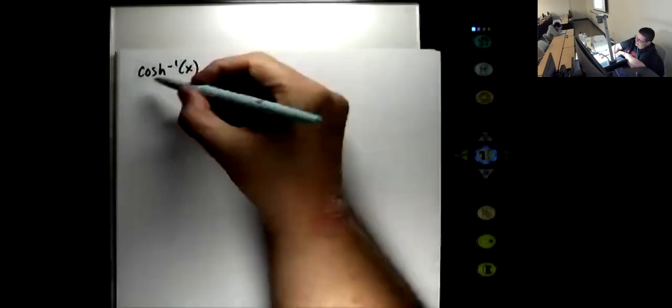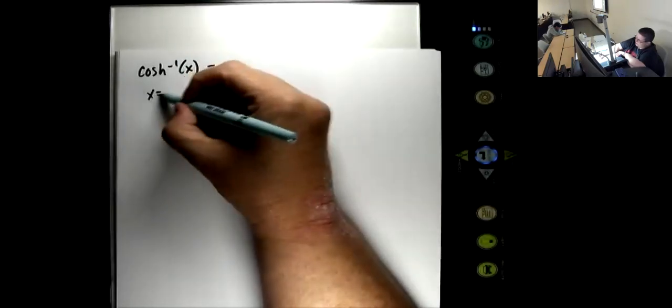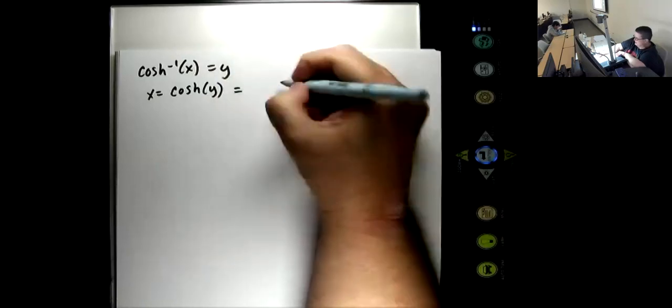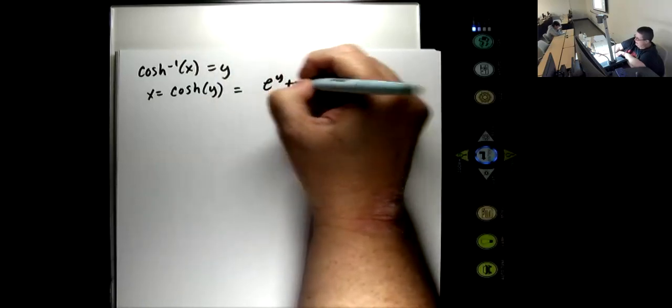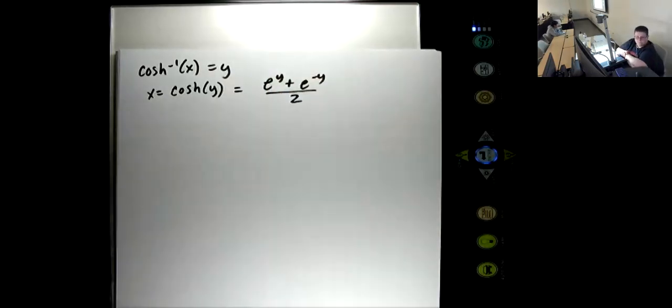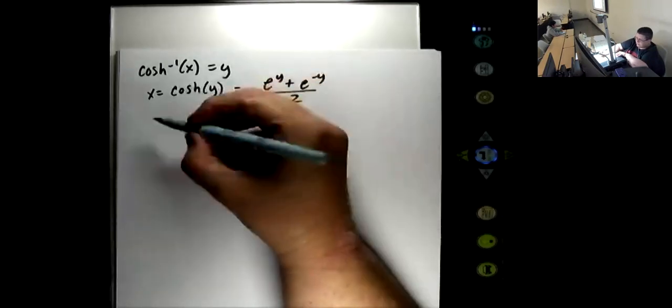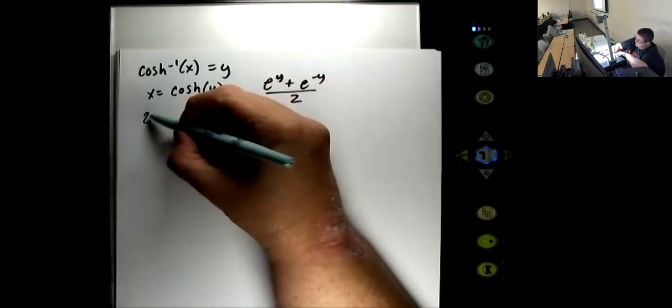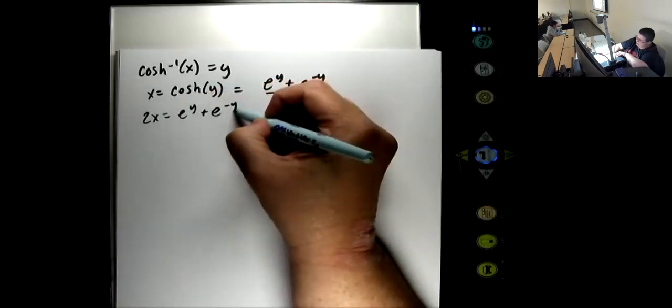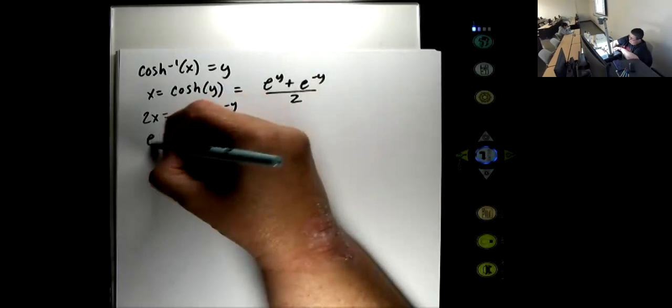This is the same thing as saying x equals cosh y. And cosh y is e to the y plus e to the negative y, over 2. Well, I can clear fractions, and I can get everything on one side.